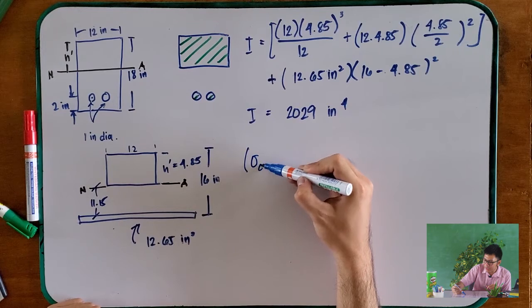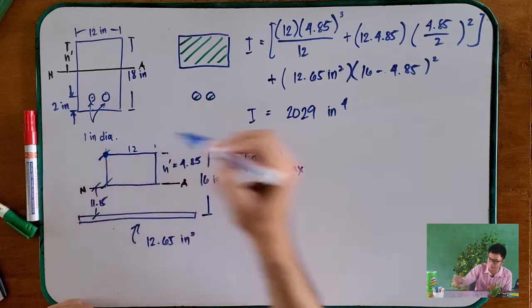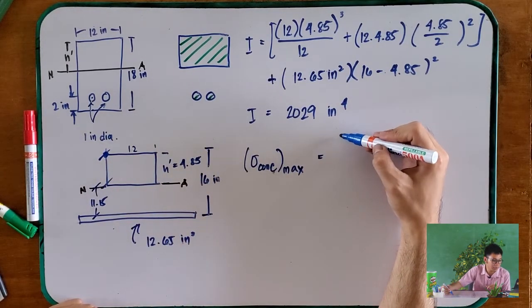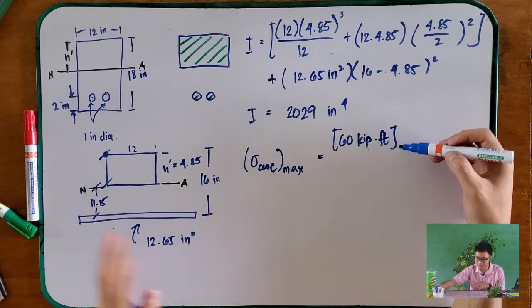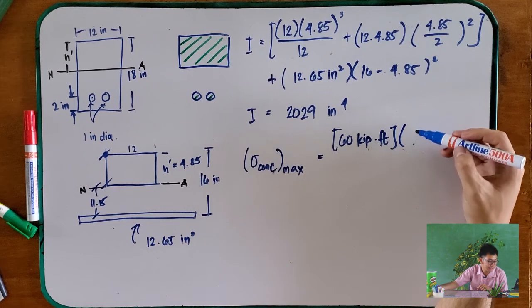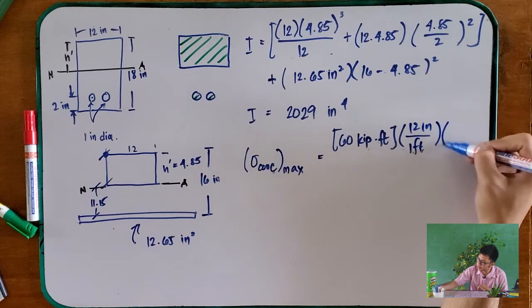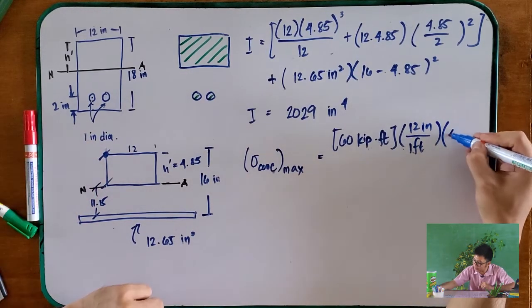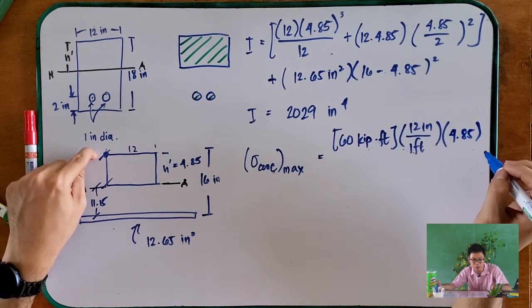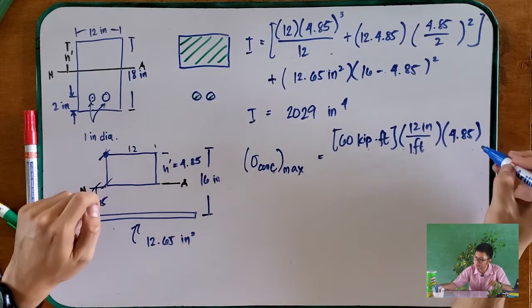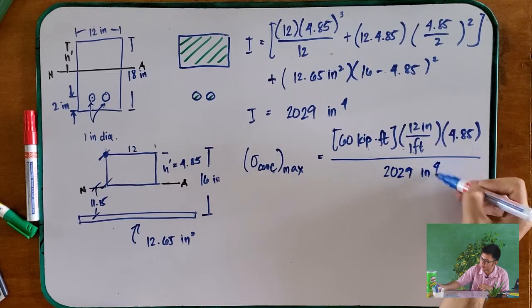So, the flexure formula. The maximum bending stress of your concrete is equal to M, which is the moment we applied, 60 kip-feet. But since we are solving in inches, we have to convert this as 1 foot equals 12 inches, multiplied by c, which is 4.85. Since we are looking for the maximum in the concrete, over 2029 inches to the fourth.